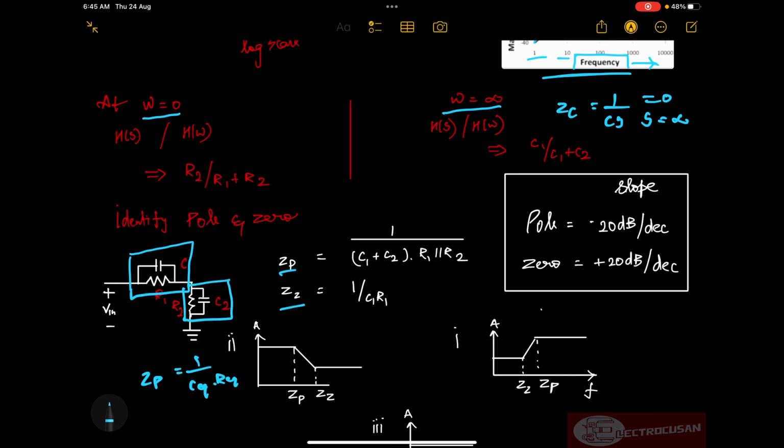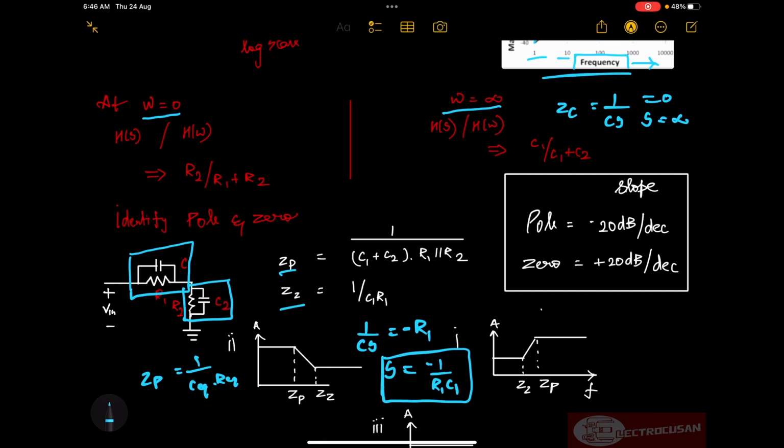In a series-parallel combination of capacitance and resistance, if the equivalent should become infinite, then the impedance 1 by Cs must be equal to minus R1, right? So s becomes minus 1 by R1C1. We'll neglect the minus sign, and this is the zero of the circuit. Don't worry if you didn't understand how to find this. I'll be discussing this in detail in an upcoming video.